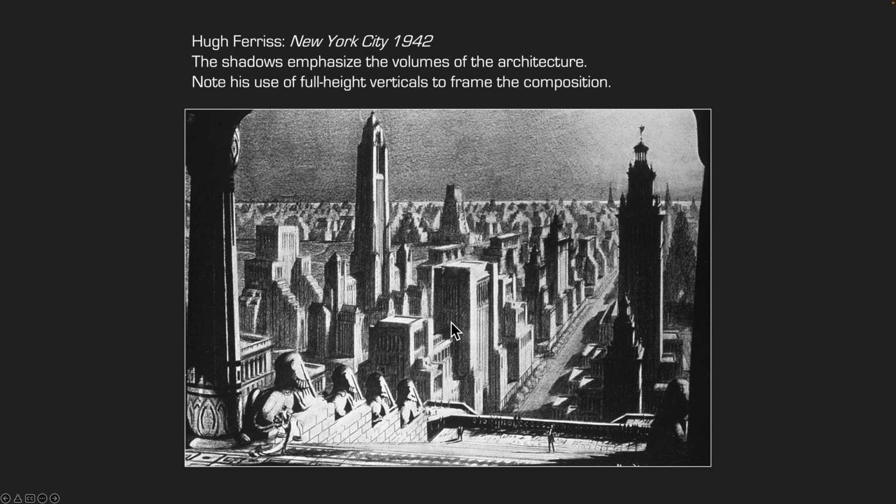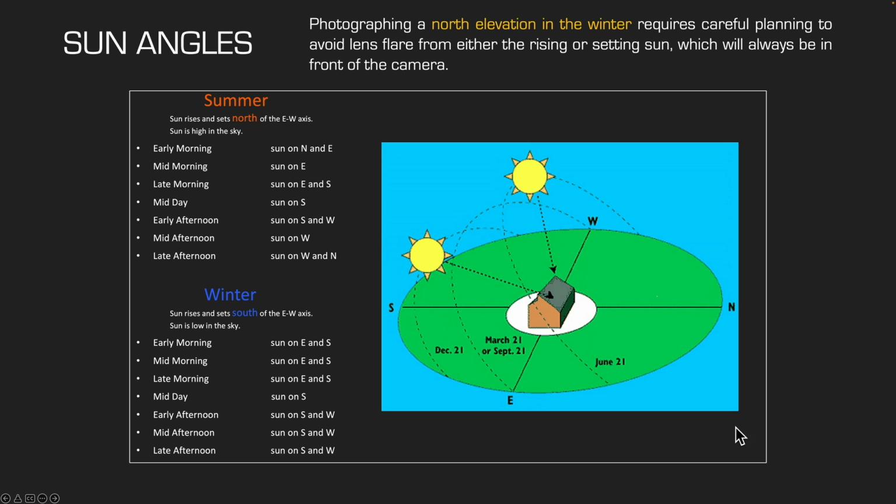So you get this wonderful play of dark to light, dark to light, dark to light, and a rhythm going all the way down the street. And again, as we've discussed before, look at how Ferriss uses full height verticals in shadow to balance and frame his composition.